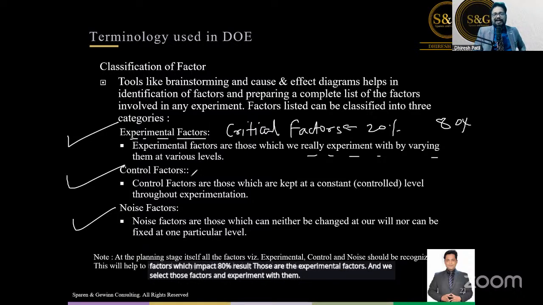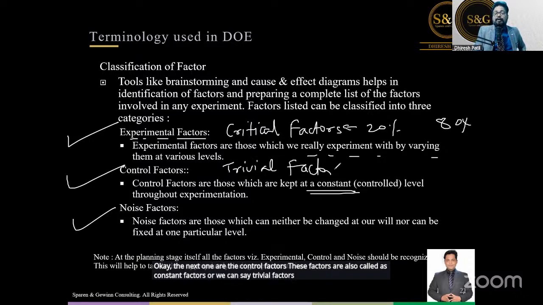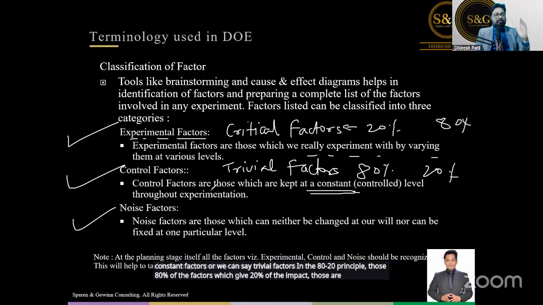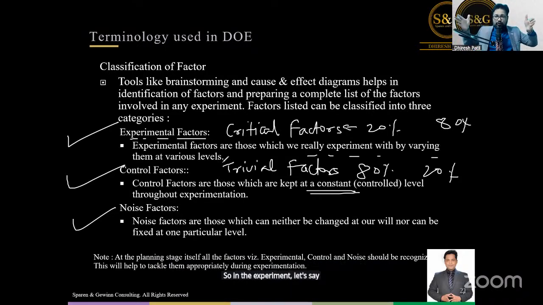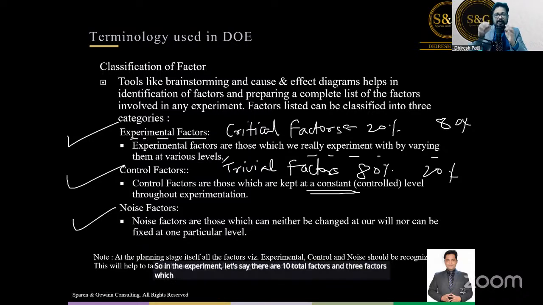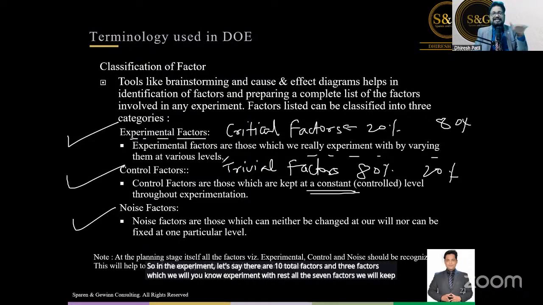The next one are the control factors. These factors are also called constant factors, or we can say trivial factors. In the 80-20 principle, those 80% of the factors which give 20% of the impact are called control factors or constant factors. So in the experiment, let's say there are 10 total factors and 3 factors which we will experiment with. The rest, all 7 factors, we will keep constant. We will not change them.